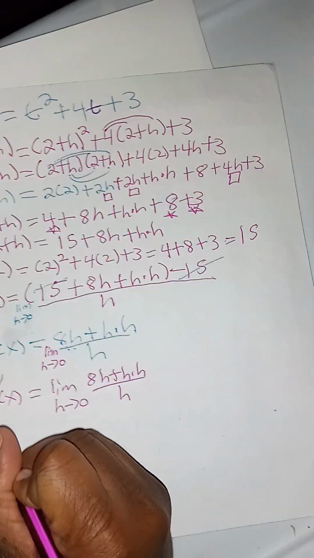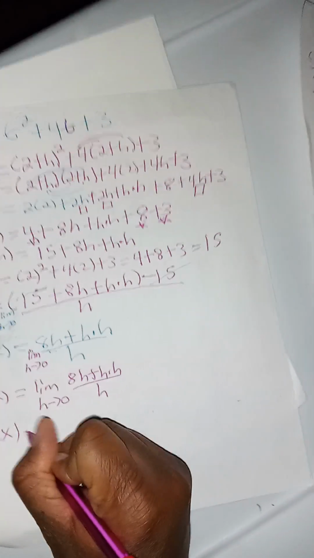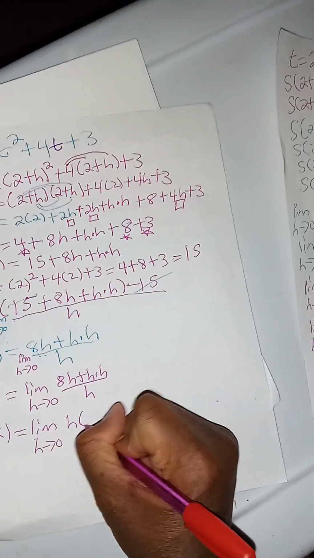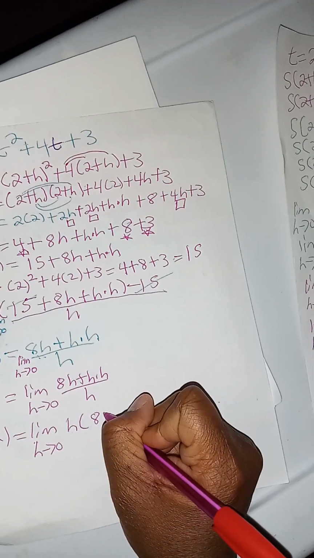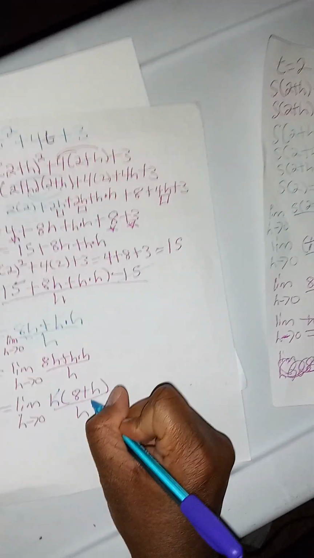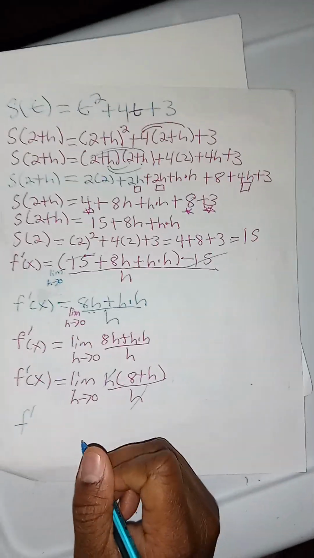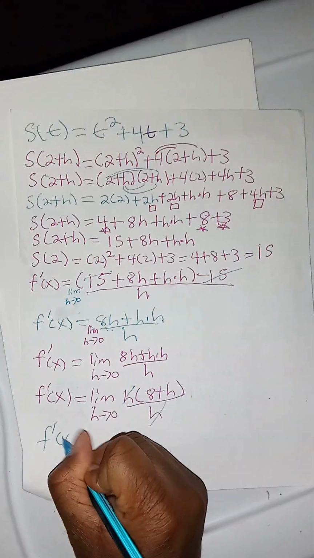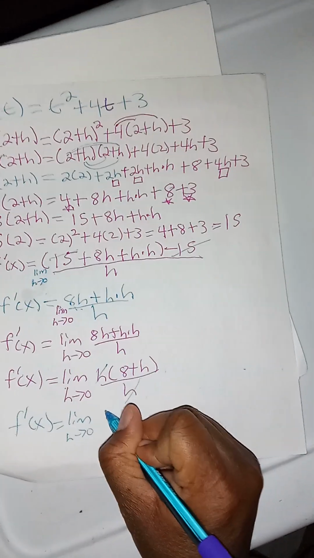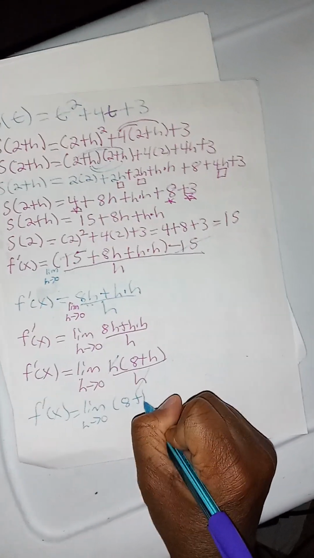So now f prime of x is equal to the limit as h goes to 0, and we can factor out an h, and then we will be left with 8 plus h all over h, and then an h will cancel out. So f prime of x will equal the limit as h goes to 0 of 8 plus h.